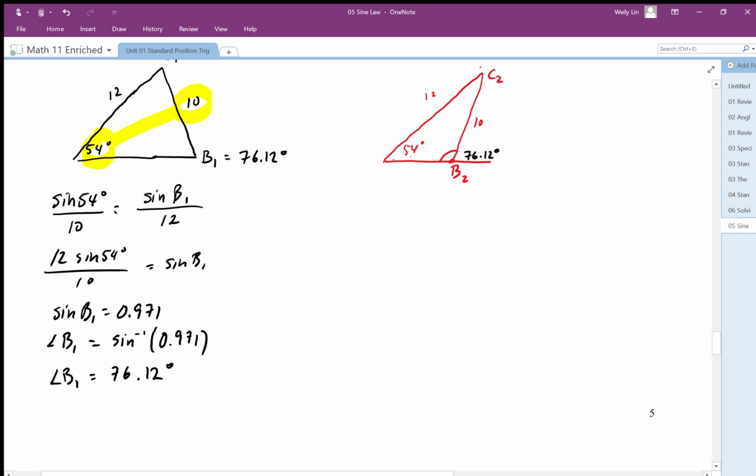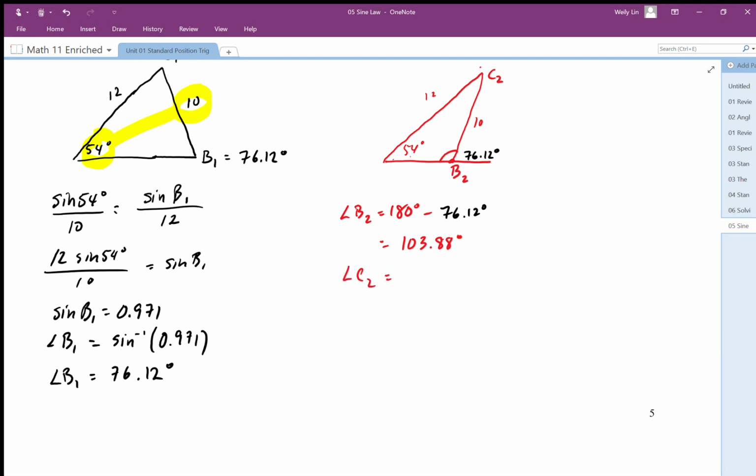And again, it's the exact same issue as theta 1, theta 2 when we undo the sine in the circle. So angle B2 is equal to 180 degrees minus theta 1. It's the exact same formula. And we get theta 2 is equal to 103.88 degrees. And that allows us to solve for C2.